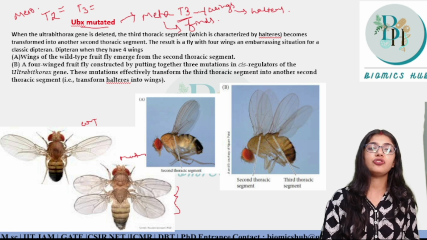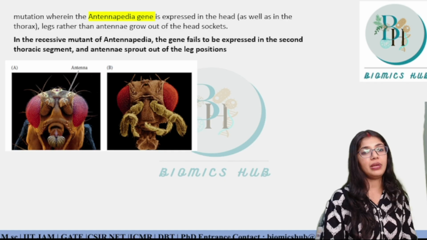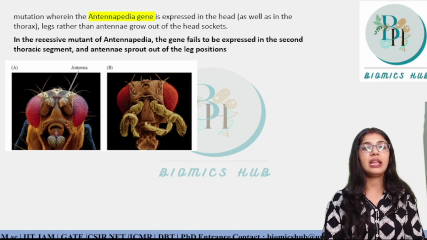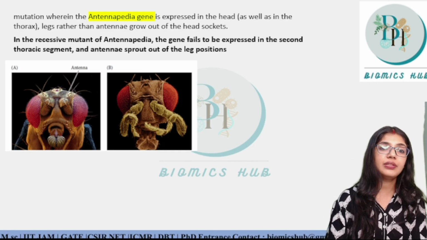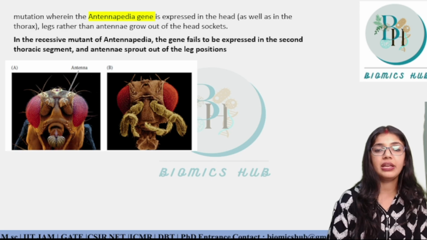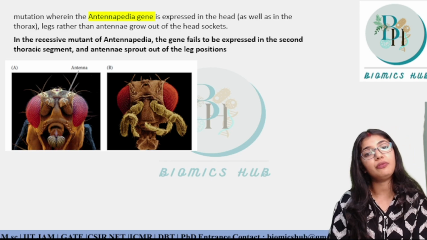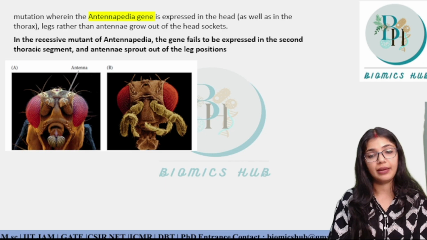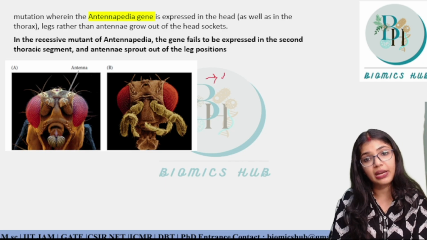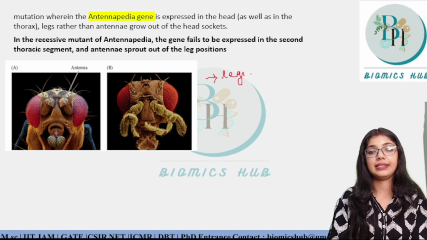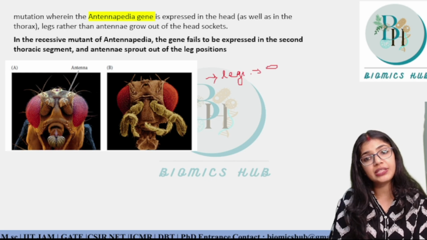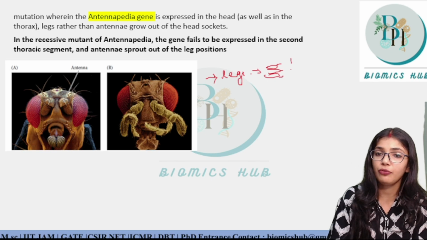Now the next condition is about the antennapedia. Antennapedia is responsible for specifying the thoracic segments. In the thoracic segments, it produces the legs. In the three thoracic segments there is formation of legs, one pair in each.